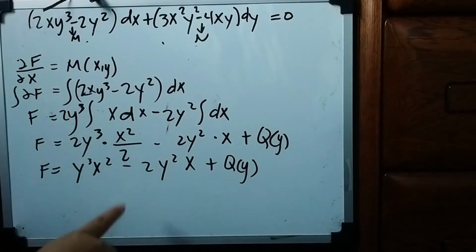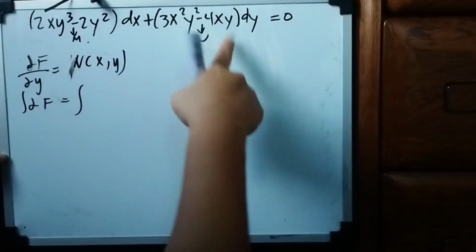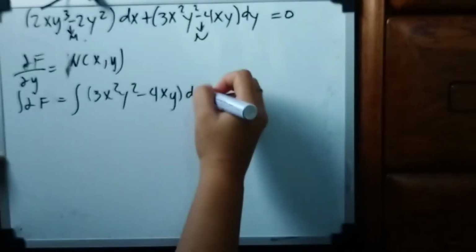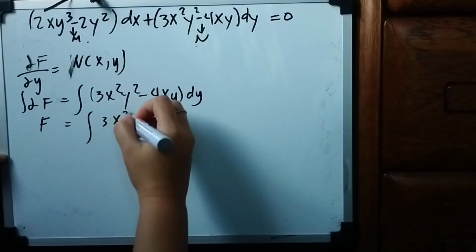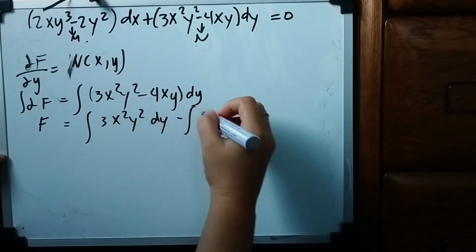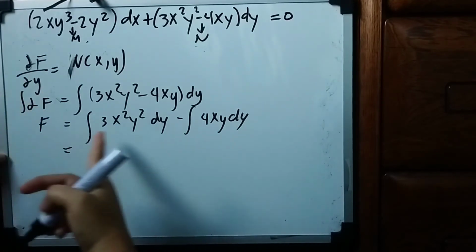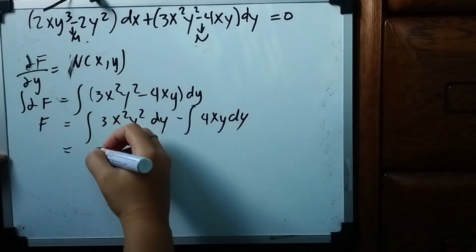So after getting the integral of M, we will now get the integral of N. So here's our N, 3x squared y squared minus 4xy, dy. Then the integral of this is f. This one is 3x squared y squared dy minus 4xy dy. And since we're integrating here in terms of y, we will take outside of the integral the constant in terms of x.